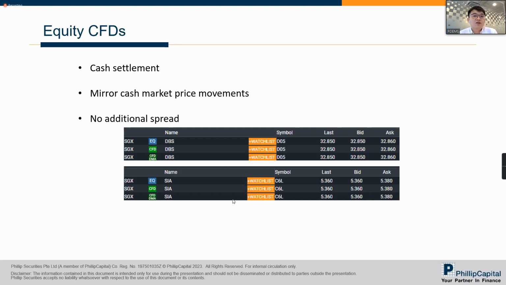Even though, as far as I know, they don't charge clients any commission when they trade CFDs, they do earn a lot from the spread. For example, when the market shows $1 for stock A, they could offer a spread of 1.01, 1.02, something like that. They will earn from the spread. But for us, we just mirror what the market price is. So there's no additional spread from us.